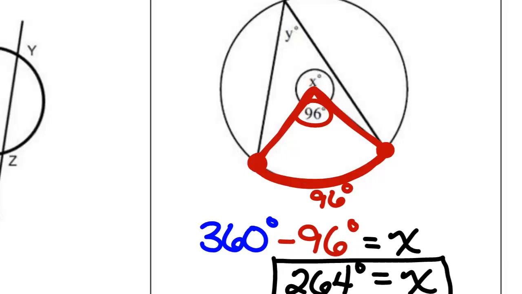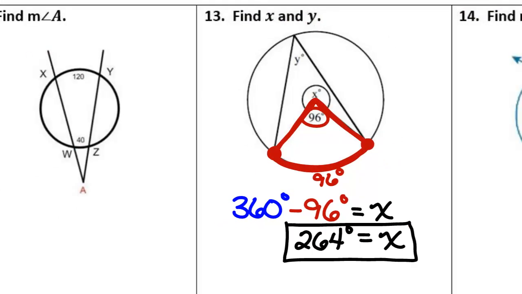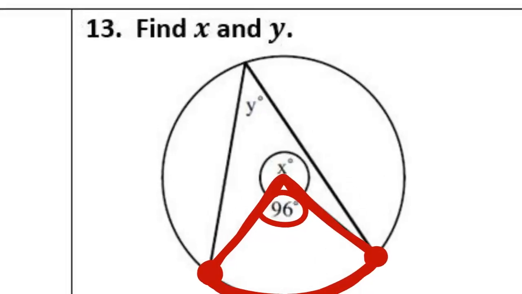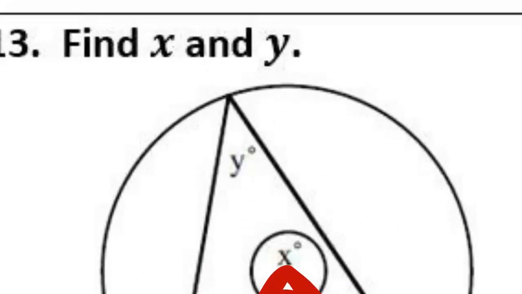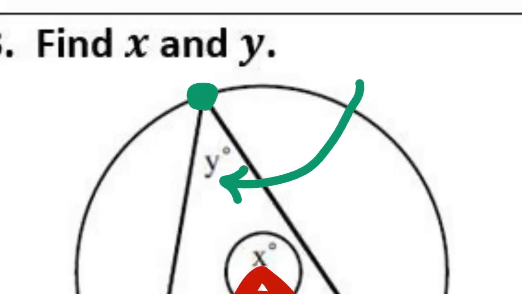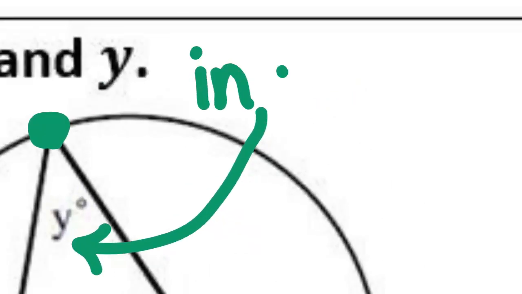That would be 96 degrees, because the 96 degrees right by the center of the circle is a central angle. The point is right at the center. What kind of angle is angle y? Inscribed. The turning point, the vertex, is on the circle. This is an inscribed angle.